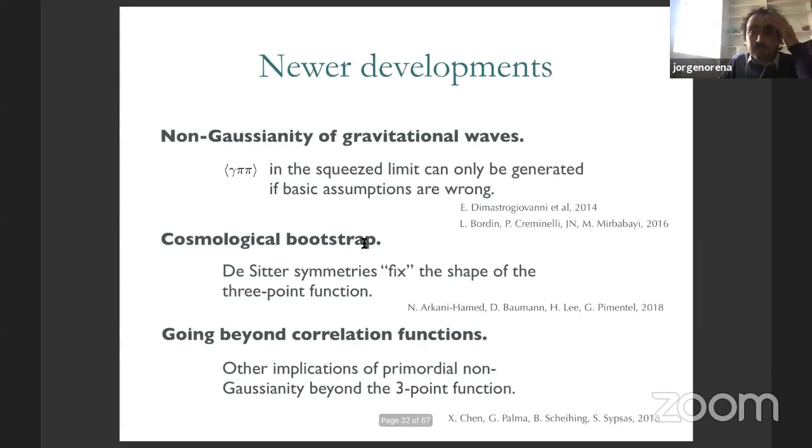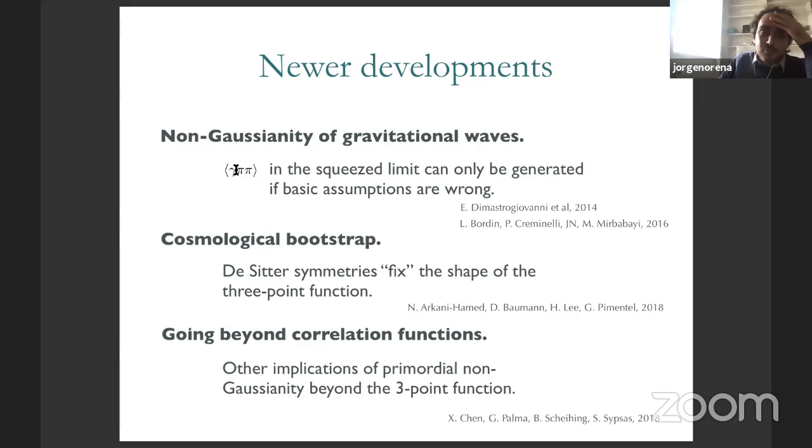And there are some newer developments that I don't have time to talk about. For example, if we are lucky and in the near future primordial gravitational waves are observed, one can try to start to constrain the squeeze limit of a gravitational wave with two scalar fluctuations.